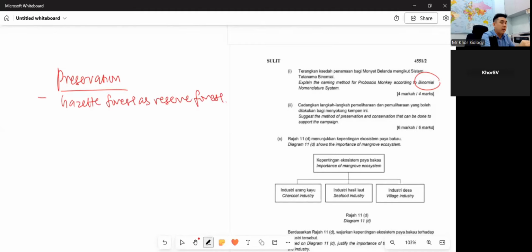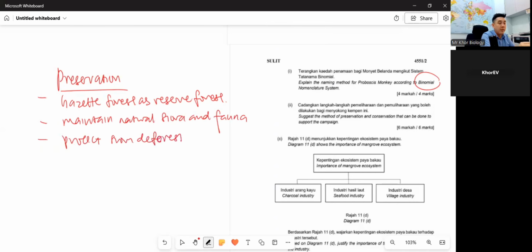This helps to maintain the natural flora and fauna conditions, and this helps to protect from deforestation and ourselves. Ourselves meaning human activities, okay, illegal logging and all those stuff.